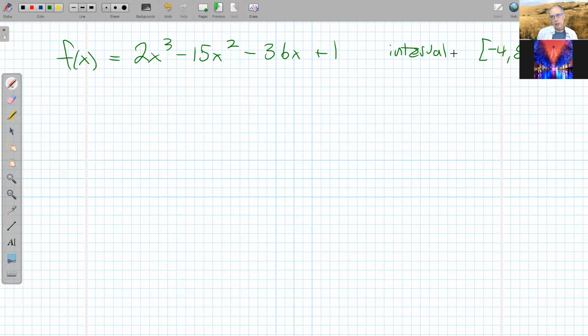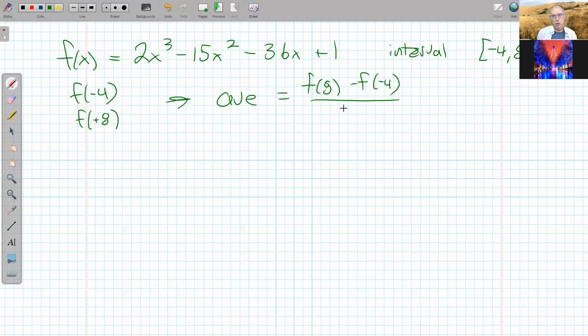I need to know f of -4 and f of 8 because I want to find the slope of the secant, that average value, which is f of 8 minus f of -4 over 8 minus -4.